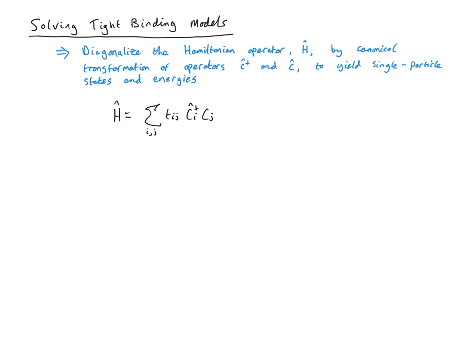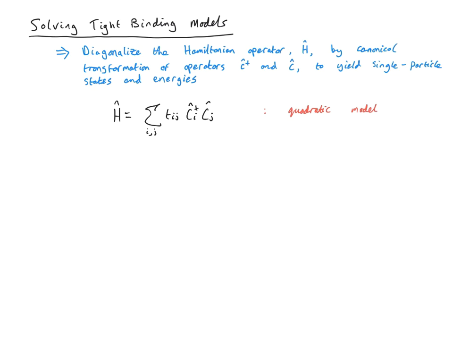We have creation operators c_i dagger, and we have destruction operators c_j, and we're summing over all of the sites in the system i and j. So this is a quadratic Hamiltonian because we see pairs of creation and destruction operators only. We don't see any terms in the Hamiltonian which involve 3 or 4 or a larger number of operators.